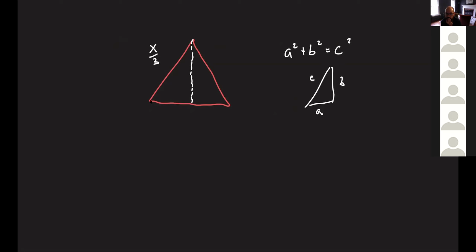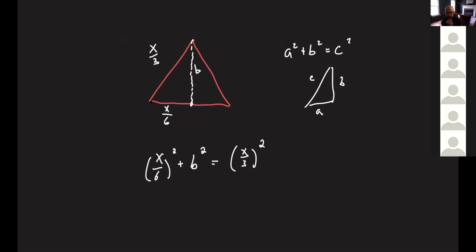A would be 1/2 of x over 3. Okay. And then c would be x over 3. And then you solve for b. Okay, so this is x over 6 down here on the bottom. Yeah. And then you're saying this is going to be our b. Okay. So what we get is x over 6 squared plus b squared is equal to x over 3 squared.